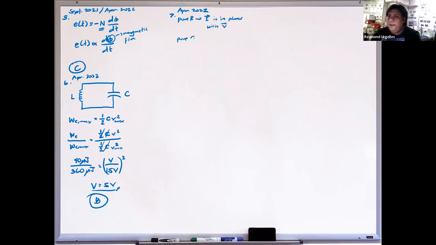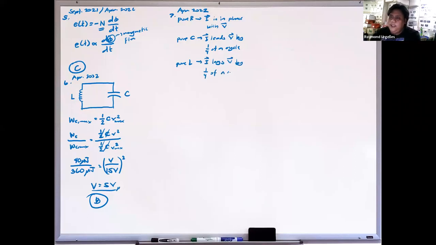Sa pure capacitor, diba, the current leads the voltage by 1/4 of a cycle. Kasi kung makikita natin sa choices, ito yung nasa choices natin, diba? So for pure inductor, the current lags the voltage by 1/4 of a cycle.